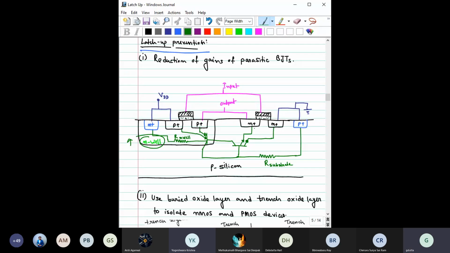Okay. So what you have to do is increase the doping, right? Other way would be you need to reduce the injection efficiency. Injection efficiency also will decrease if you increase this ND. What else? How can you reduce the injection efficiency of a bipolar junction transistor?